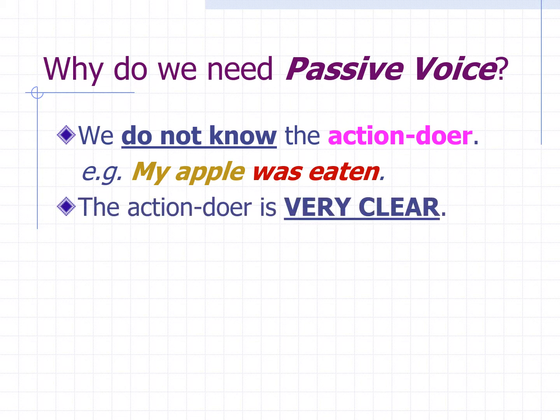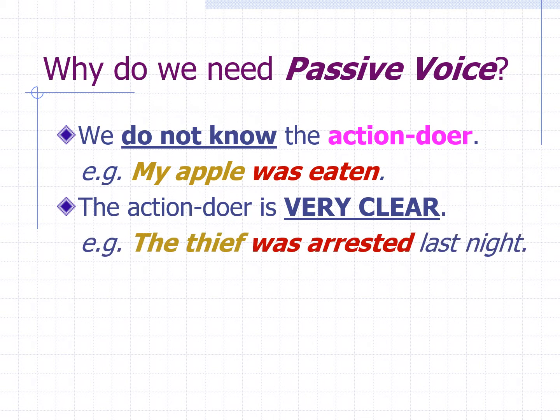And then the second situation why we need passive voice is because the action doer is very, very clear or very obvious. For example, the thief was arrested last night. Okay, now in this situation, who could do the action of arresting? Definitely is the police. It couldn't be me or it couldn't be anyone else, because only the police can have the power to arrest someone.